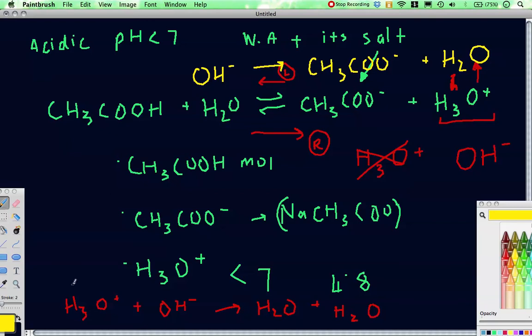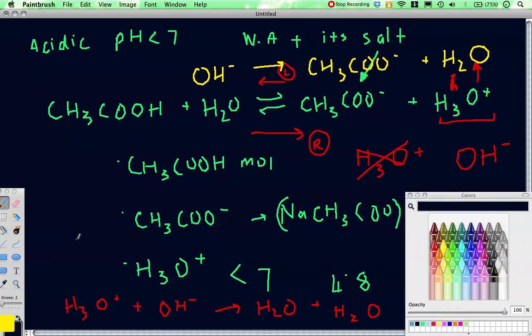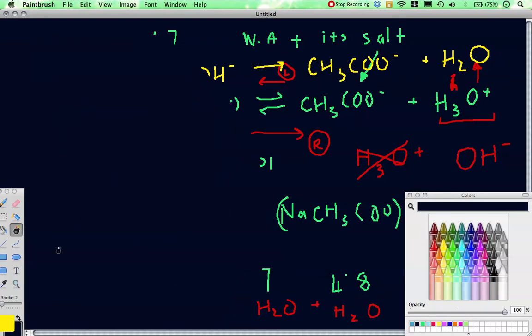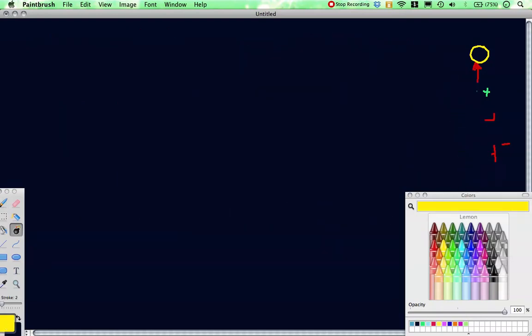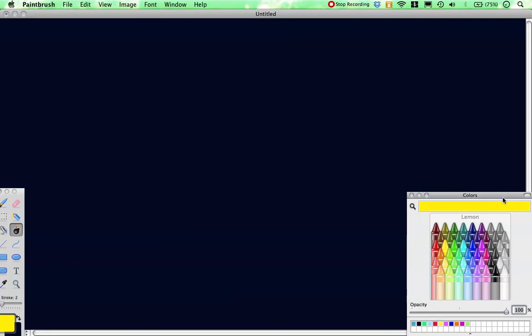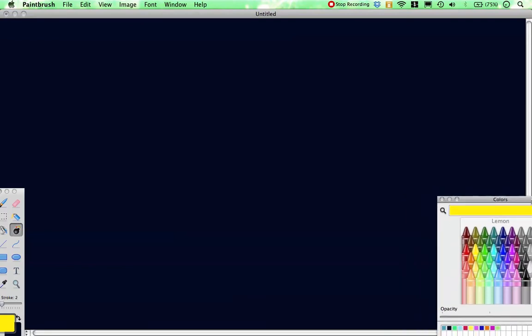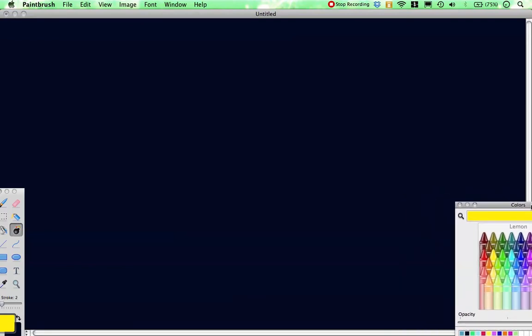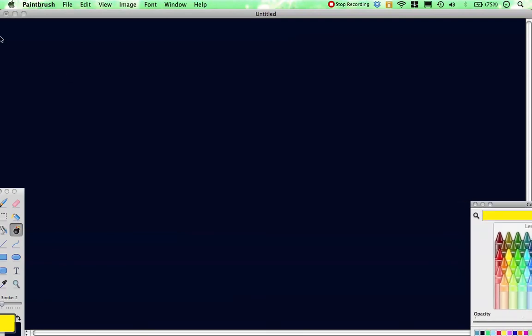So guys, that's an intro to the acetic acid buffer. I now want to talk a little bit about a basic buffer, and the very definition of a base means that it's got a pH of more than 7.